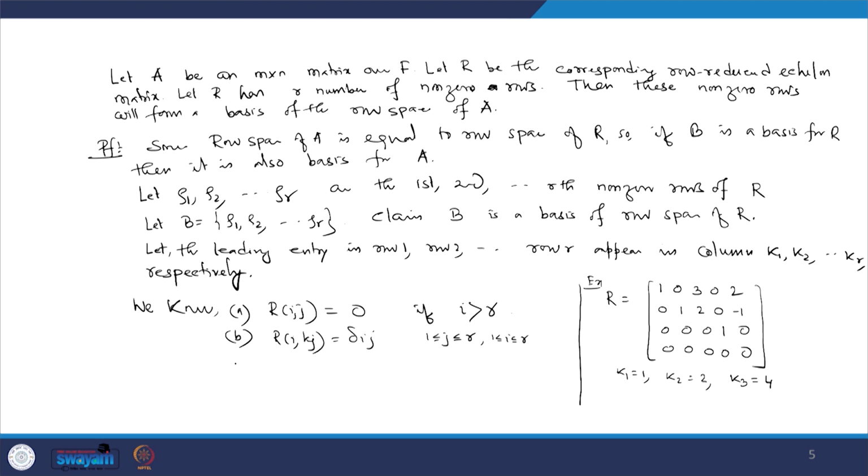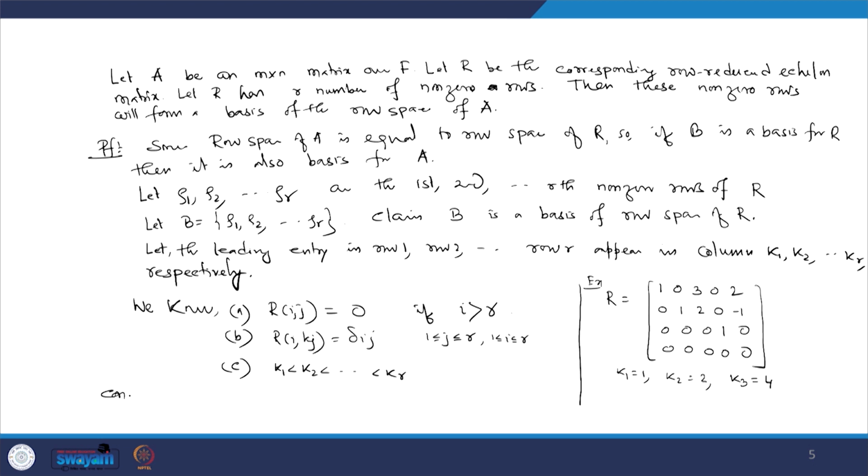This is also correct. And third one, your K1 less than K2 less than and so on up to Kr. So, this is my condition for an M cross N matrix R to be in row reduced echelon form, and I can see this is satisfied here also.